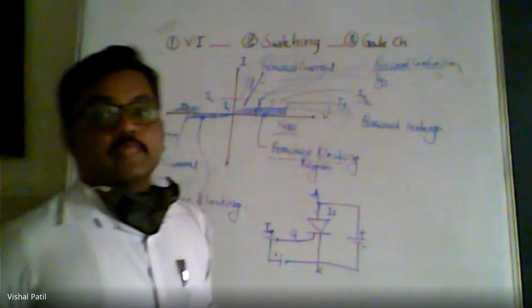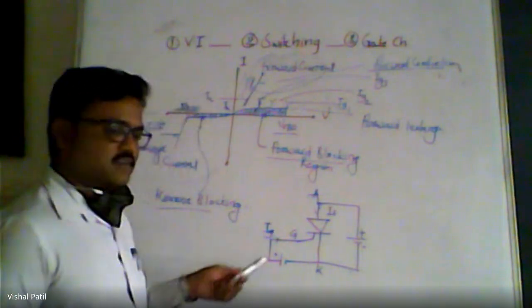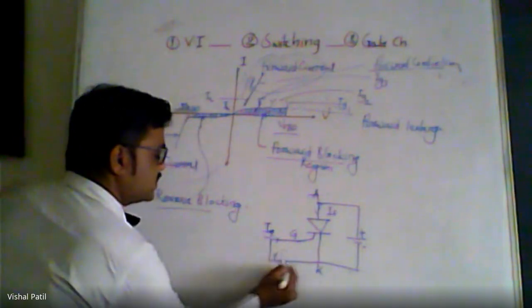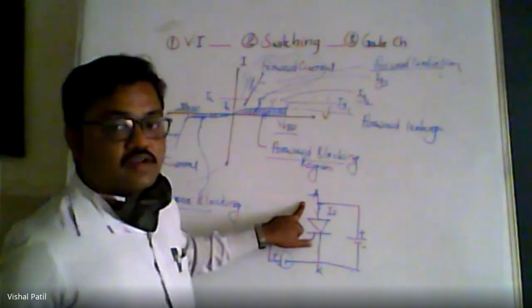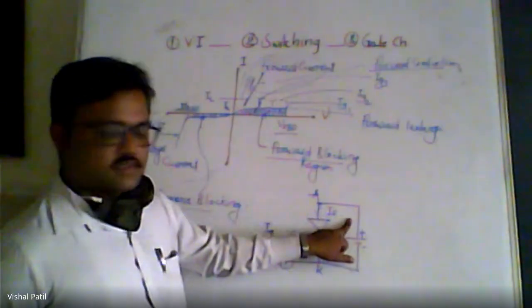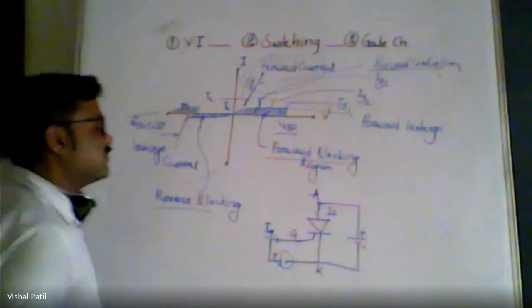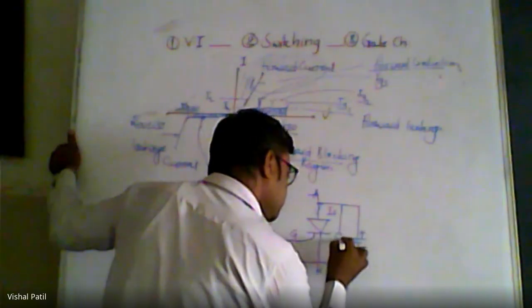The parameter we are changing is the gate current, by changing this voltage, by which we get the forward current at a particular value of gate current. And we are also applying the voltage.